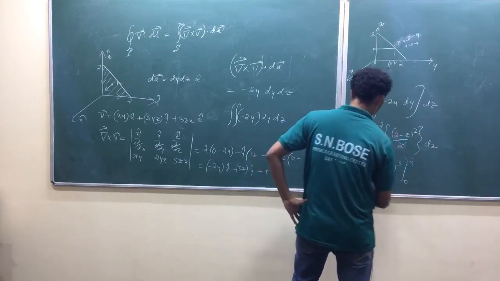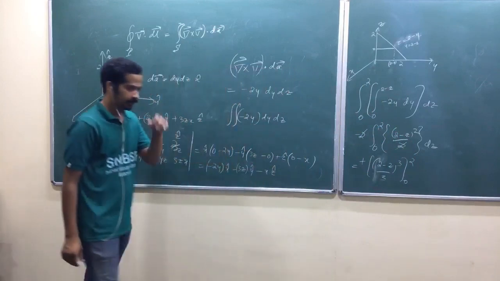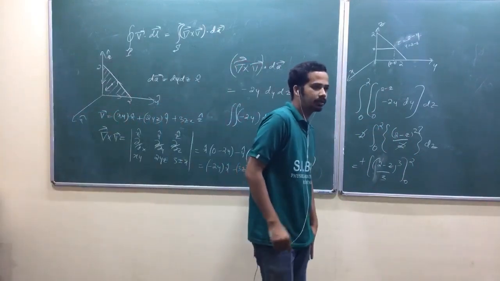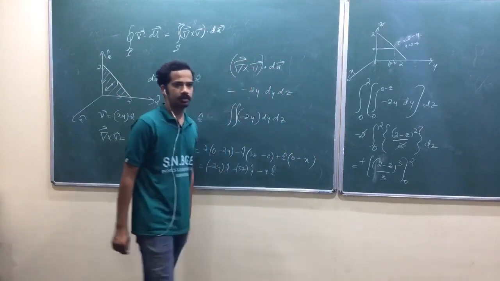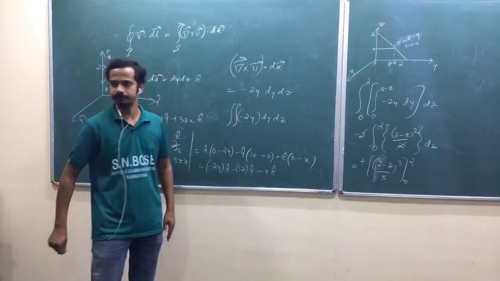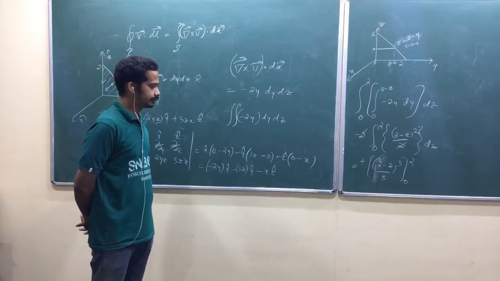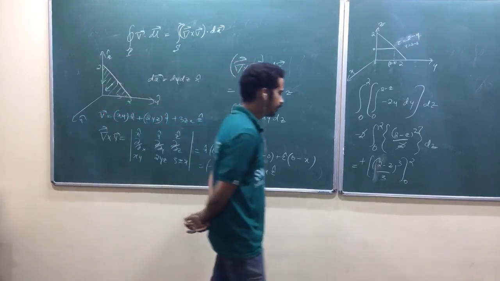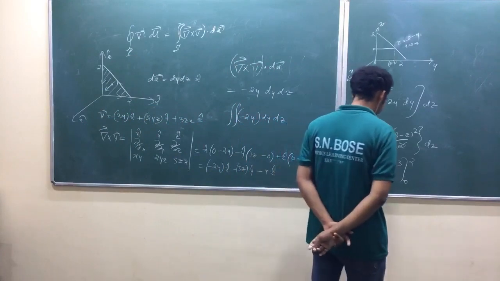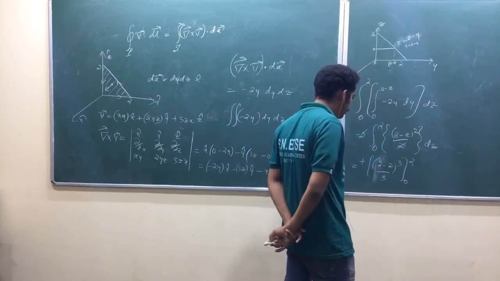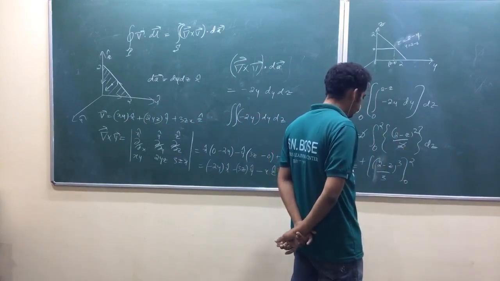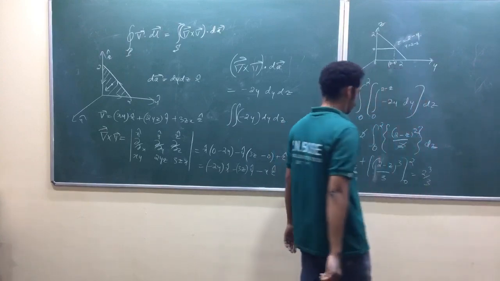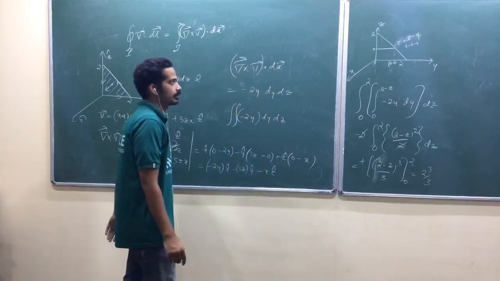0 to 2. Is that your answer? 2 minus z the whole cube, divided by 3, and the coefficient of z. Okay? Upper limit, it should be 0. Am I right? Look here.